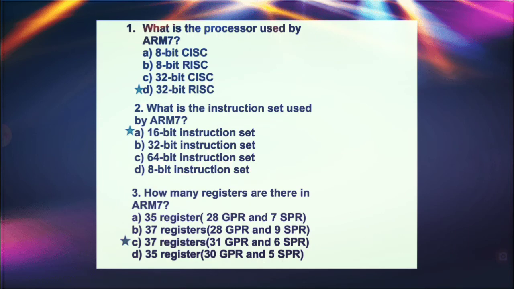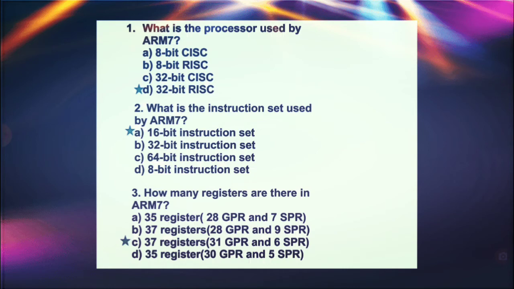First question: what is the ARM processor used by ARM 7? Four options are there: 8-bit CISC, 8-bit RISC, 32-bit CISC, 32-bit RISC. Among them, the true answer is 32-bit RISC.